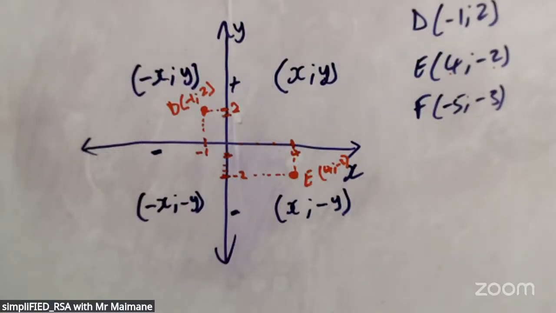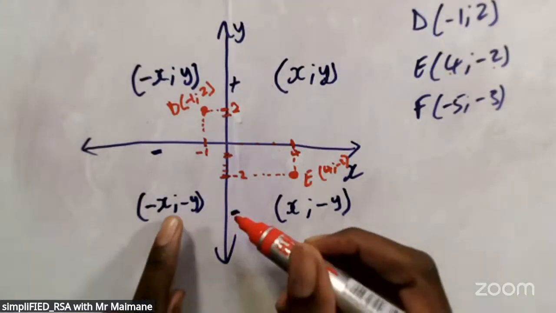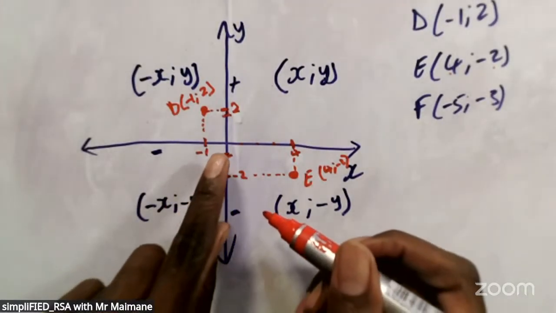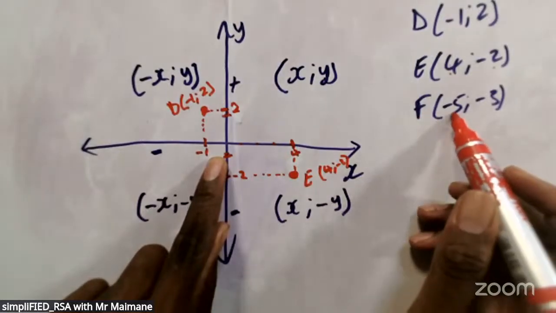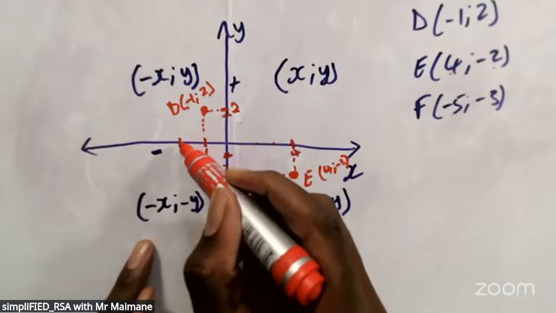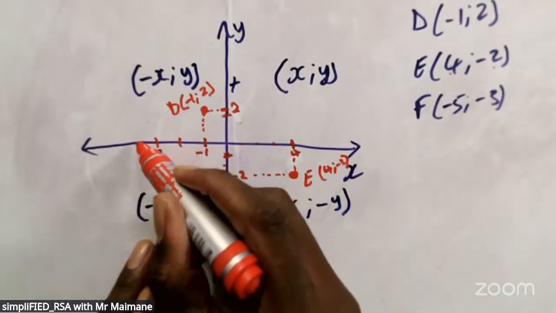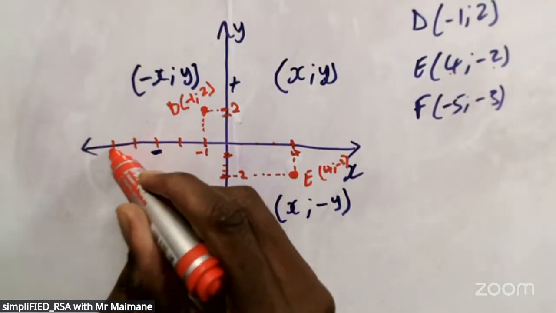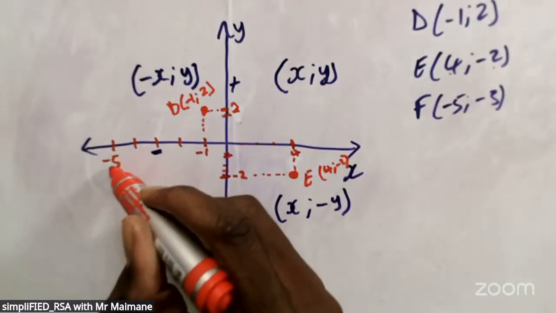Now, where should be our third point, F? Third quadrant, because they are both negative. So in the third quadrant, we can imagine our x to be -5. So -1, -2, -3, -4, -5. So -5 is there.